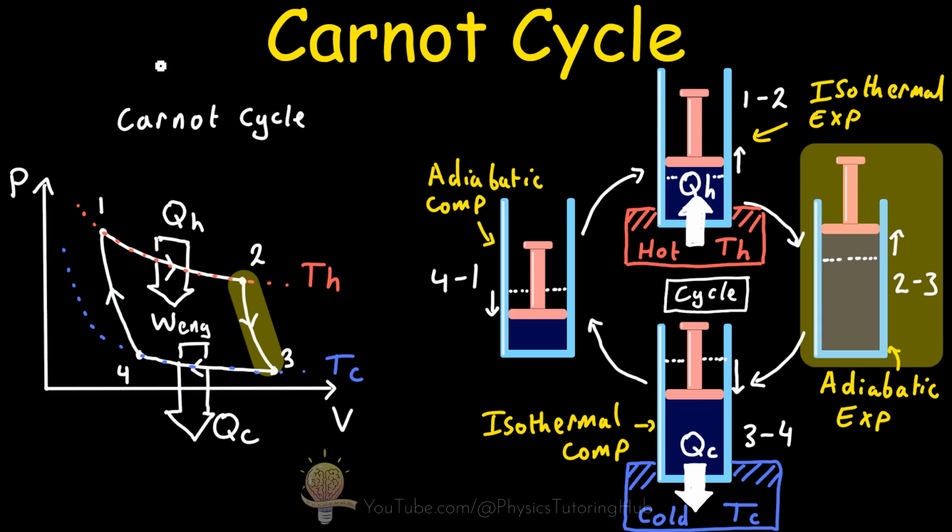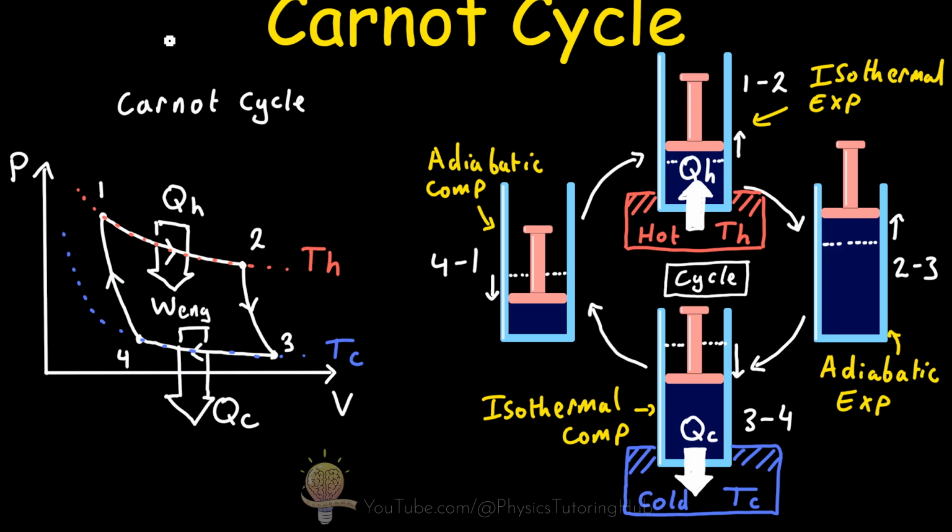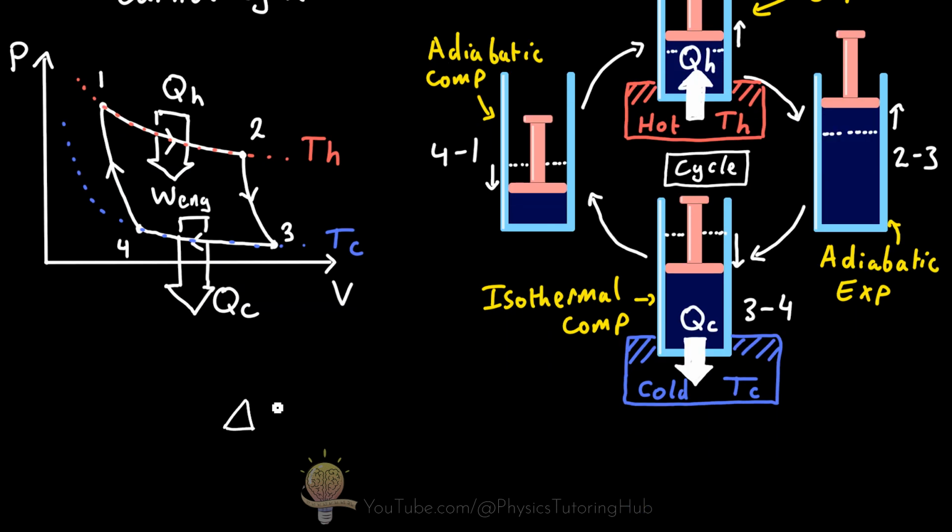And because the system doesn't have heat flowing into or out of it, this expansion is adiabatic. But also notice that the gas in the chamber is still doing work on the outside environment. So if we write down the first law of thermodynamics, we can see that the change in internal energy of this gas here within this chamber is equal to negative work.